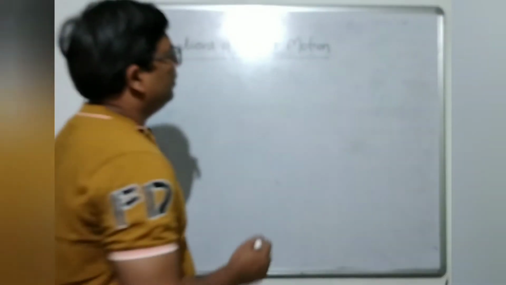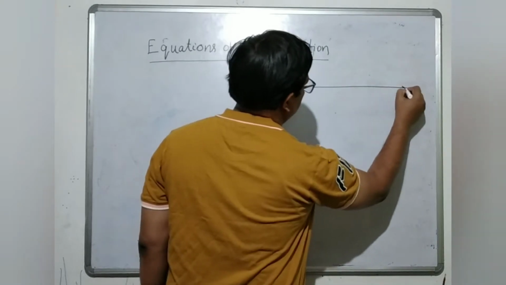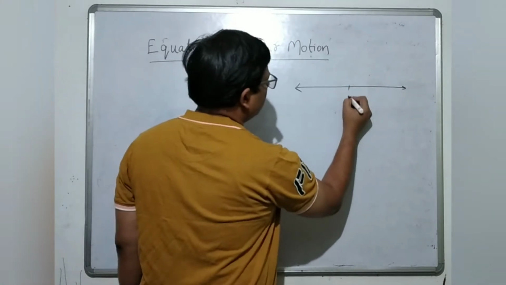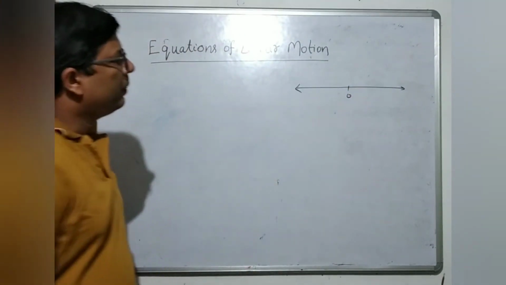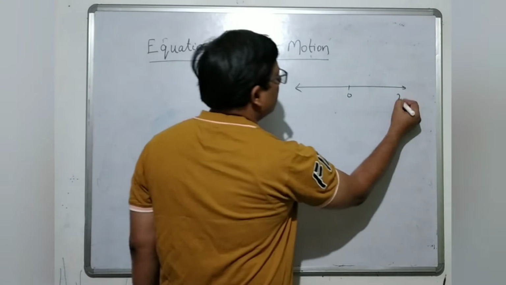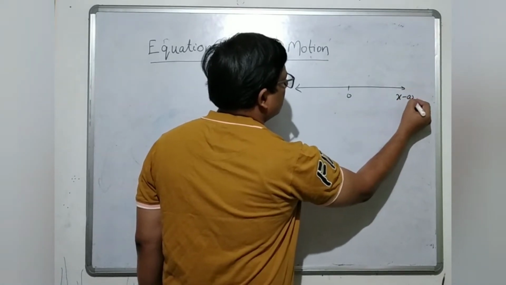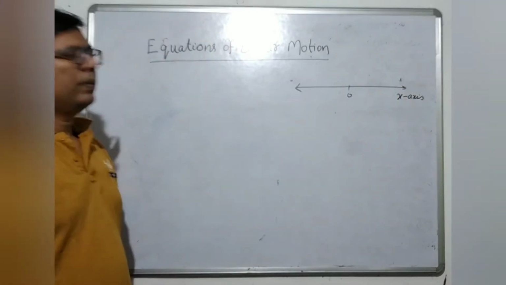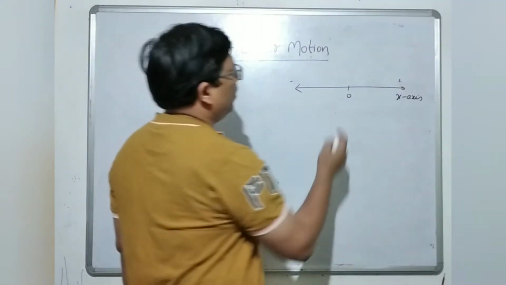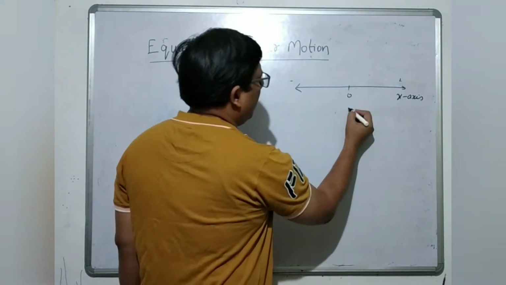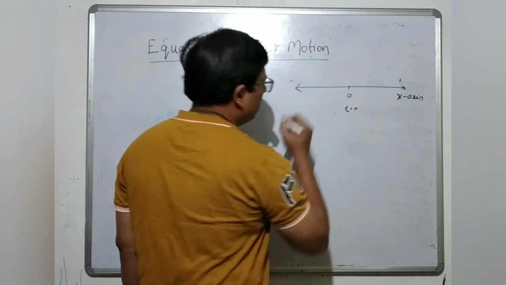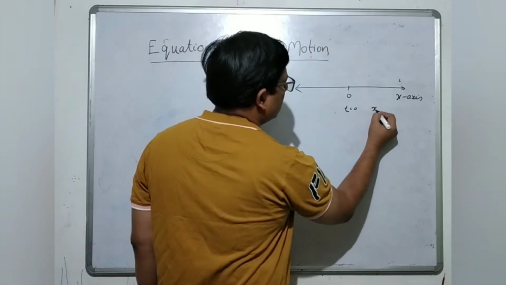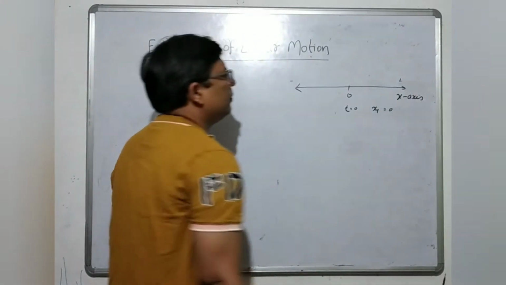Just consider that we are taking a motion on a line. Let's take some reference point, and this side will give the positive x-axis or positive direction, and this side will give the negative direction. Okay, so let us say that at t equal to 0, the position of the object is also 0.